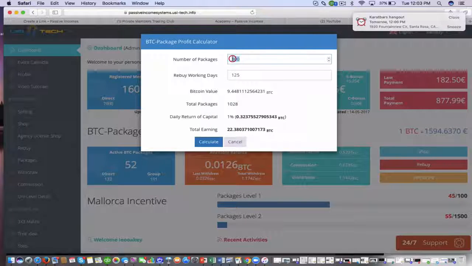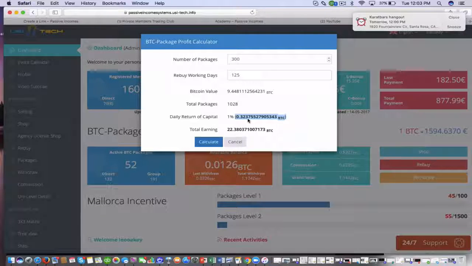She needs to get to 300 packages now to run for 6 months to give her 1,028 packages in 6 months' time, assuming she doesn't withdraw any money and assuming 1% as a return of capital.